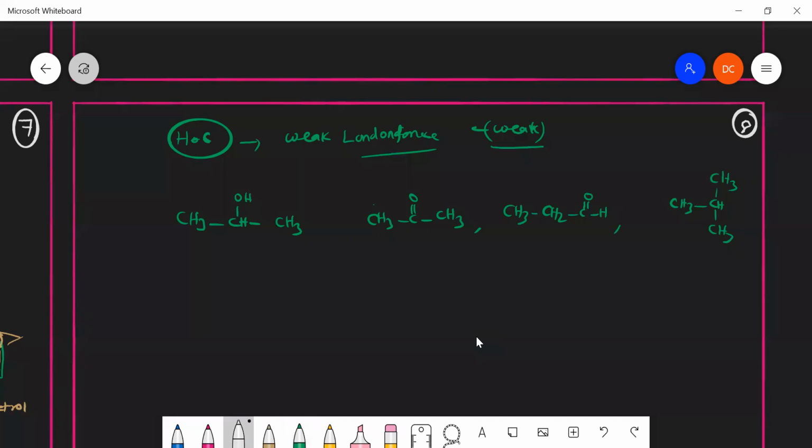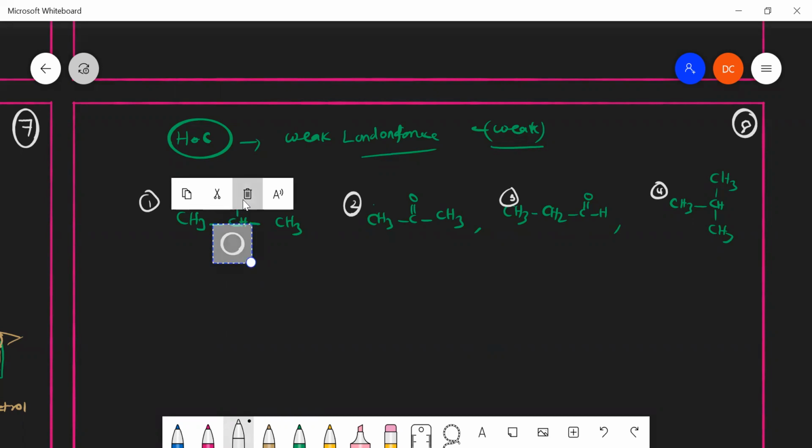Propan-2-ol, sir. Propan-2-ol, very good. This one has the higher boiling point. Let us assume this is 1, this is 2, this is 3, and this is 4. Now you can tell me the order. Alcohol has the higher boiling point, so number 1 is highest.